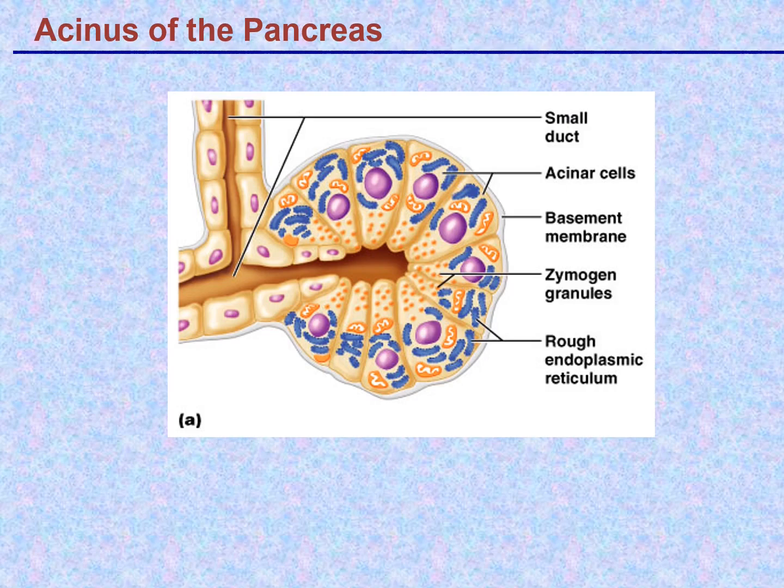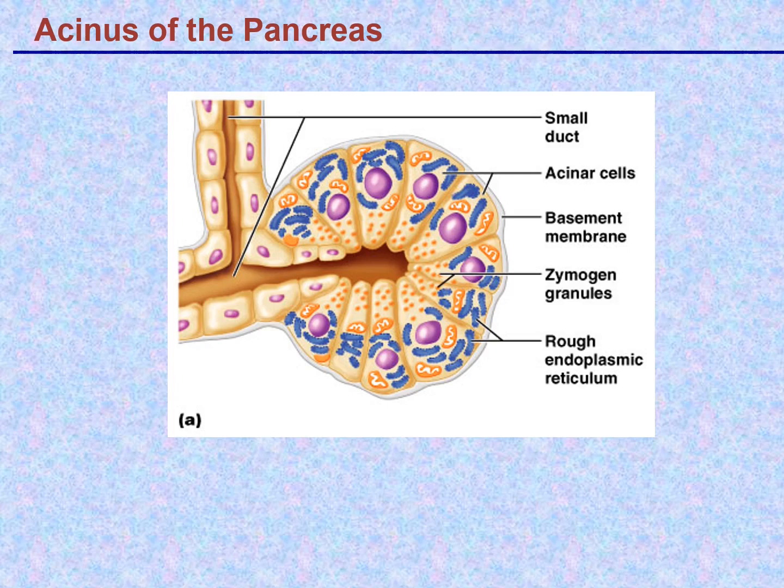Here you see the structure in a drawing at high magnification, the cellular arrangement inside a pancreas. There are tens of thousands of these inside a pancreas that are responsible for production of the exocrine secretions.